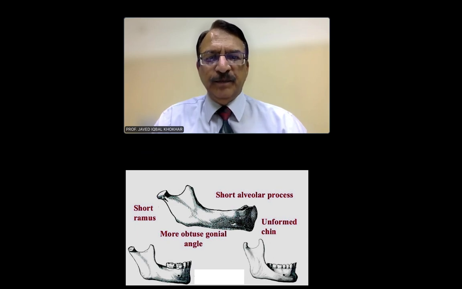The upper picture is of a child mandible, showing short ramus and short alveolar process, unformed chin, and more obtuse gonial angle. So this is the bone of a child. The lower ones are of the middle age or adult. You can see the foramen in the middle, and from the number of teeth you can estimate the age.